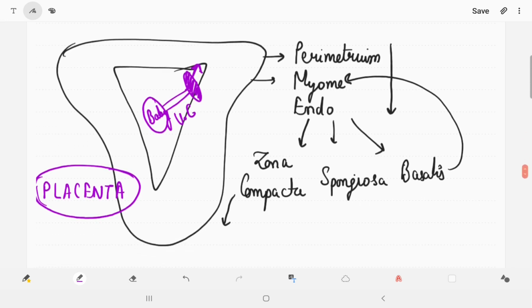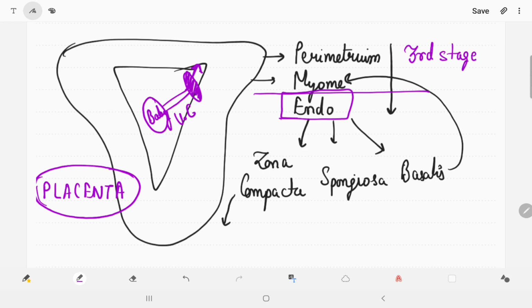This placenta will attach only to the endometrium of the mother, right? It will not go beyond it, because if it goes into the myometrium, it will not be able to shed off. As you must be knowing, the 3rd stage of labor comprises the expulsion of the placenta and the membranes.